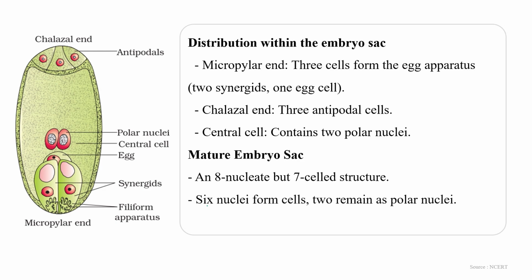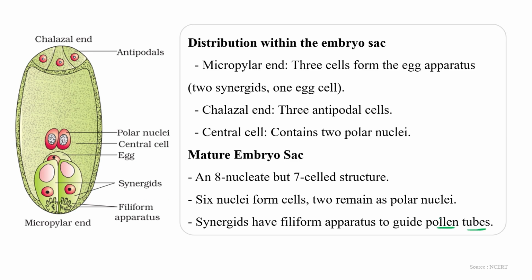Clear? So 6 nuclei form cells, 2 remain as polar nuclei. Synergids have a filiform apparatus to guide the pollen tube.